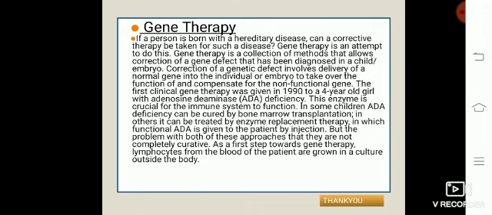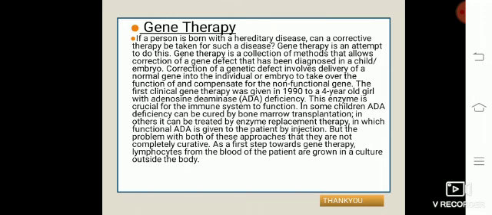As a first step towards gene therapy, lymphocytes, a kind of white blood cells, are extracted from the bone marrow of the patient and are grown in a culture outside the body.